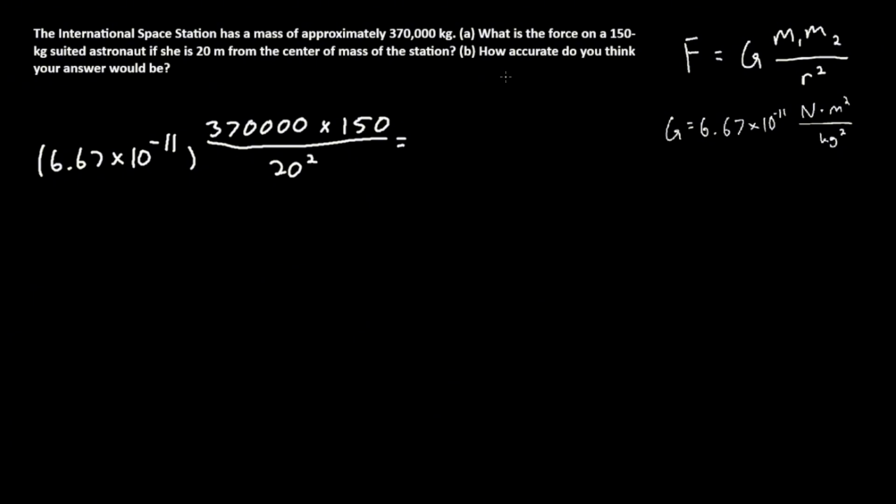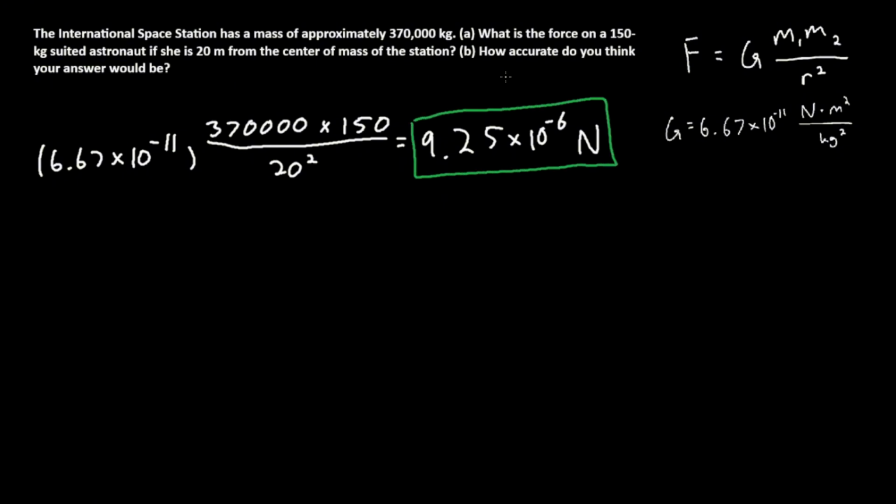So the force of gravity from the ISS on the person is equal to 9.25 times 10 to the power of 6 newtons. So this is the force of gravity, which is still very, very small, even though the ISS is very large, 370,000 kilos large.